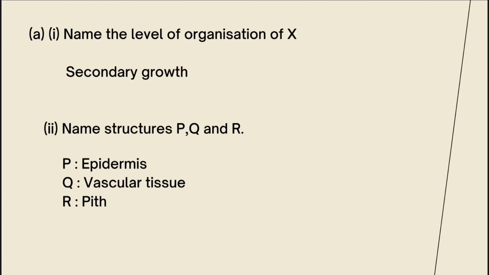For question 1A2, name structures P, Q, and R. You can see where P, Q, and R are on the diagram shown before this. So the answer is P is epidermis, Q is vascular tissue, and lastly R is pith.